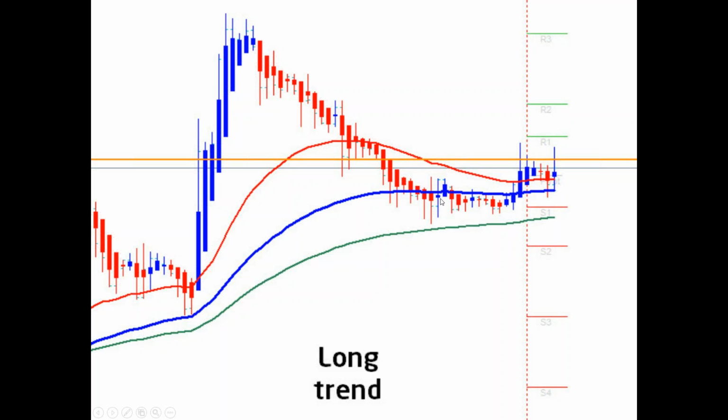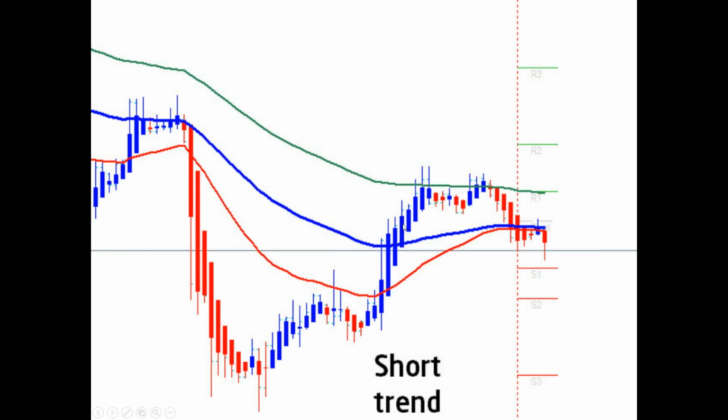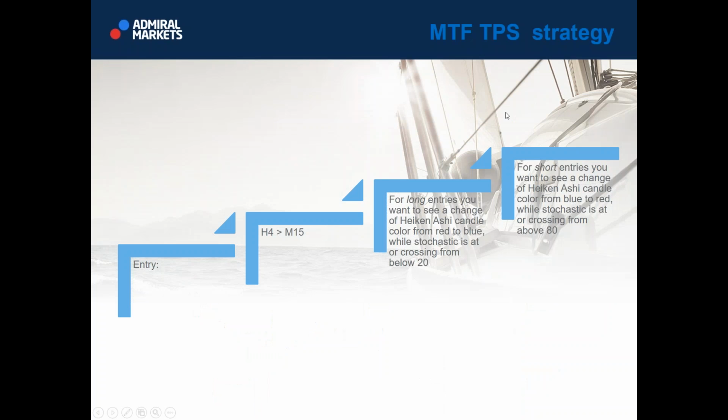This one, this is not a good candle. And this is the time here when you switch to 15-minute time frame and look for entries. Here, this is the time when you switch to 15-minute time frame and look for short entries. This is not a good candle. This is a good candle. Entries are there.